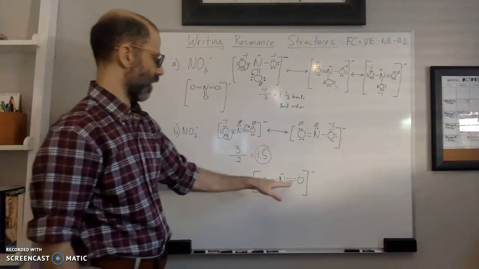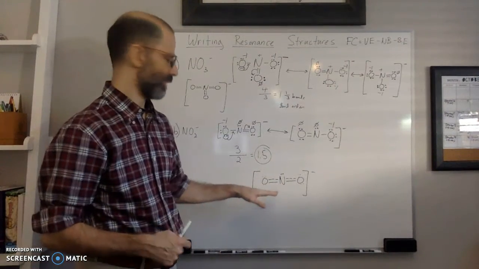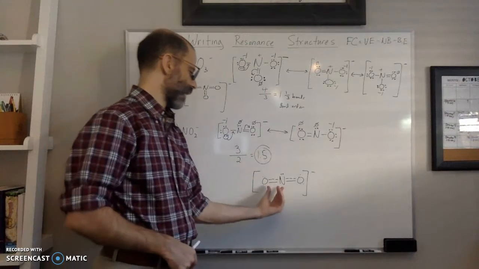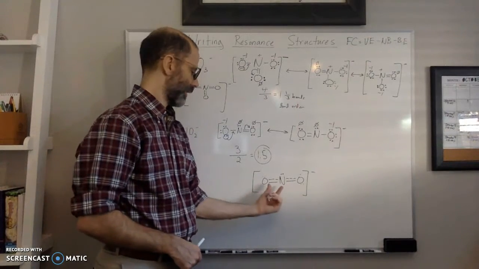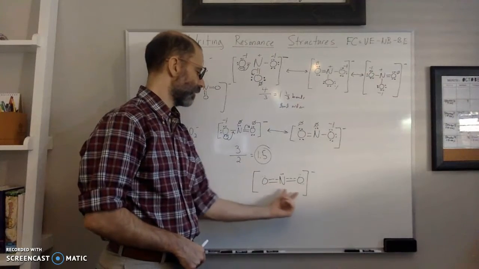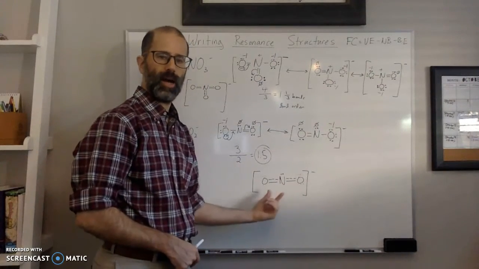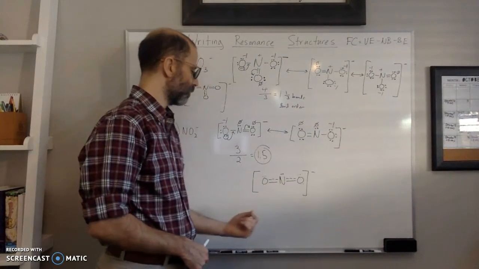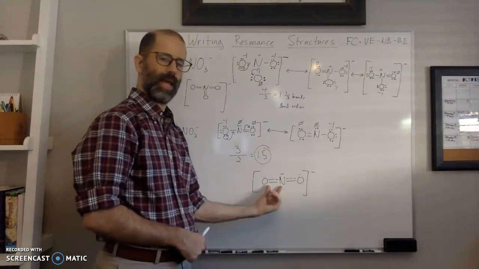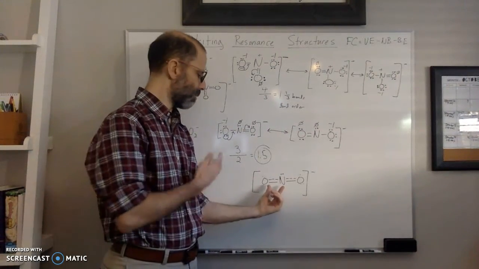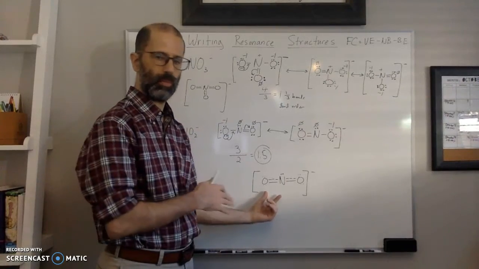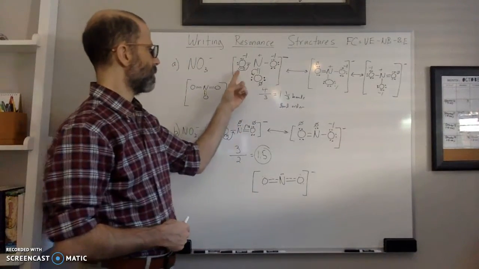This is telling us that whatever bonds this has, it's got an average of these two. So in reality, it's not a single bond, it's not a double bond, it's 1.5 bonds, right? That's the reality. It's a 1.5 bond in the molecule. So it's not flipping back and forth between 1 and 2. It just stays. It's got a bond order of 1.5, not 1, not 2. It's 1.5.